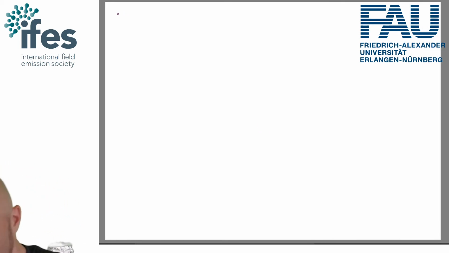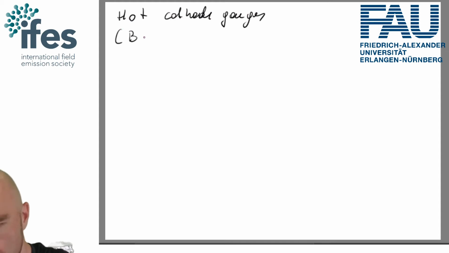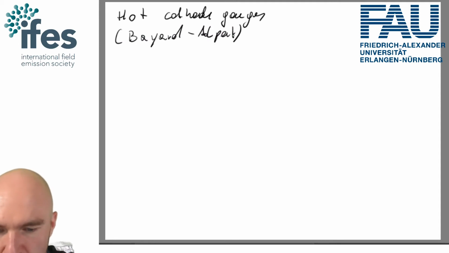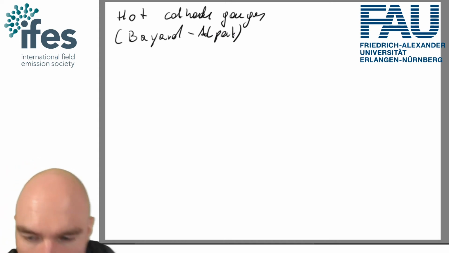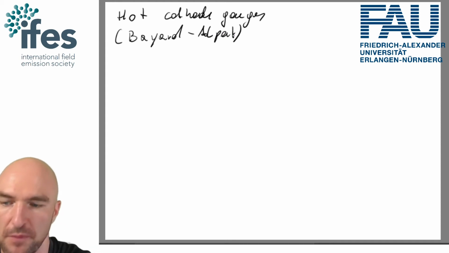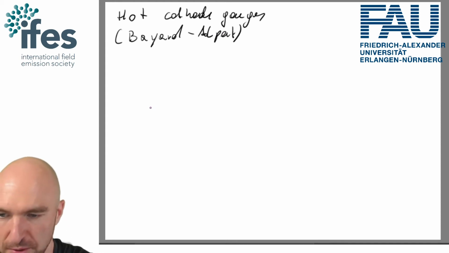So we have hot cathode gauges, and the ones I'm talking about are the Bayard-Albert type. Historically, you'll find a whole bunch of different designs, but this is the one that most people seem to have settled on.